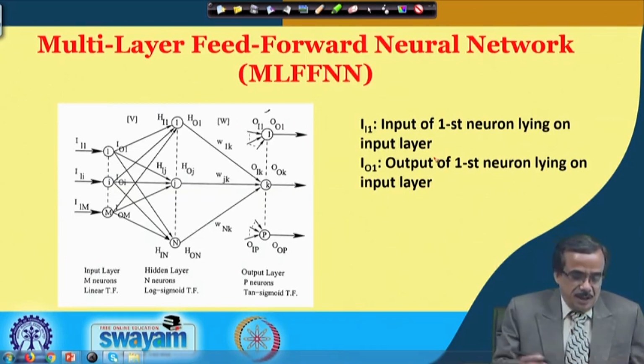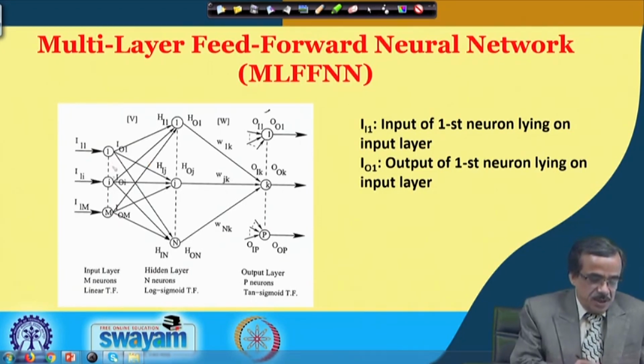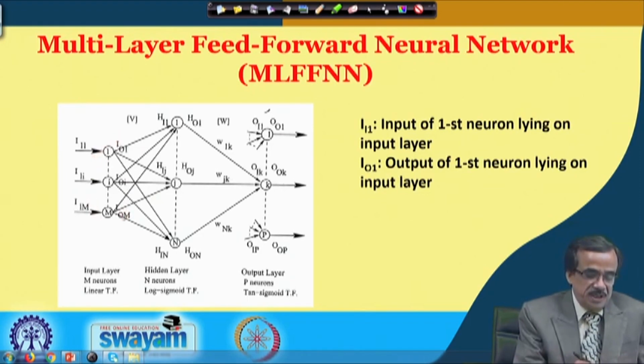Now, here if you once again see the schematic view of this multi-layered feed-forward network, we can see that this is the input layer through which we pass the set of inputs, and these inputs are to be in the normalized scale, either in the scale of 0 to 1 or from -1 to +1.